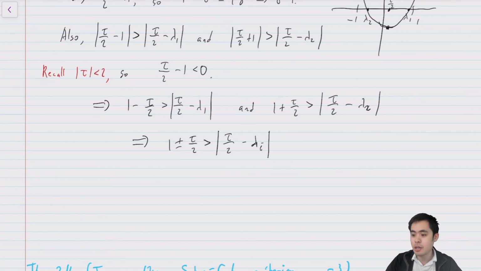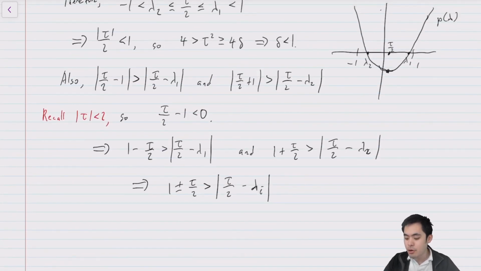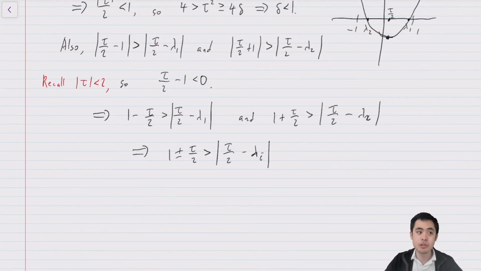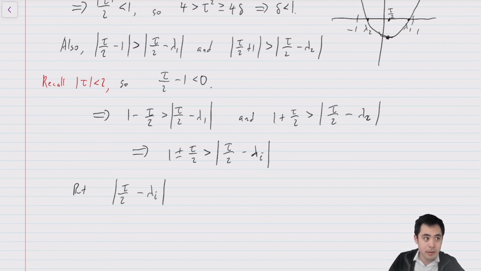And this is, of course, because if you look at this parabola, tau over 2 is the same distance from either lambda 1 or lambda 2, and so those two are equal. So 1 plus or minus tau over 2 is greater than the distance from tau over 2 to either one of the eigenvalues, just on different sides. But notice that means that tau over 2 minus lambda i, we also know that that is equal to the square root of tau squared minus 4 delta over 2.